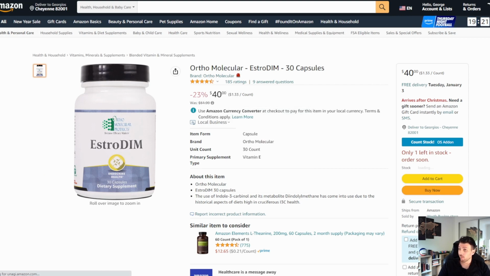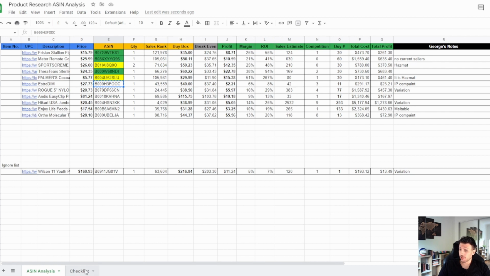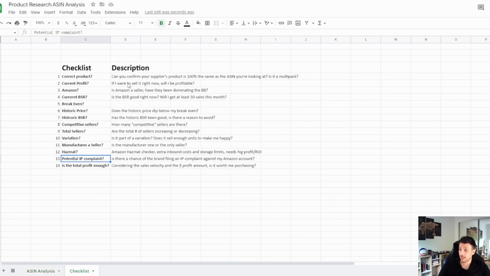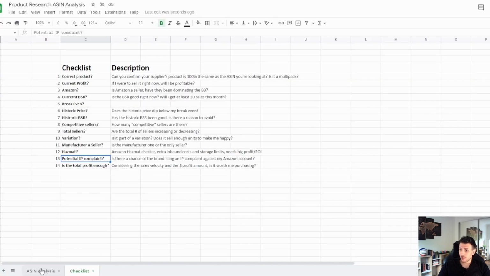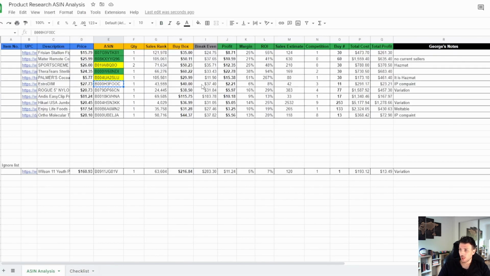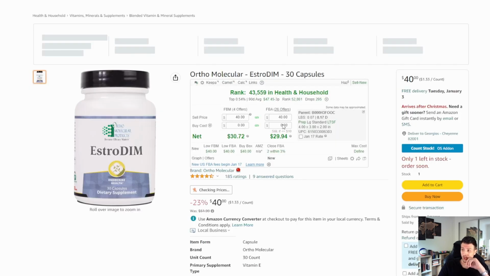But just going through the checklist, is there profit? Not really, because it's going to cost us $27.73 to source.